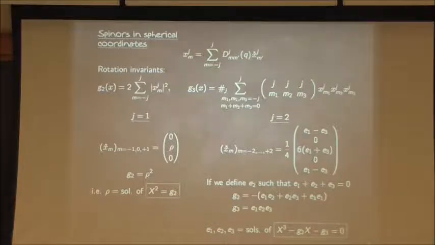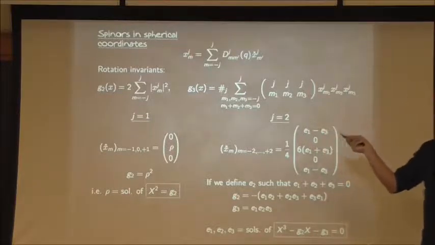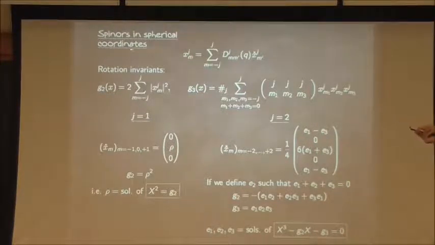That's why I call them G2 and G3, to connect with the Weierstrass equation. So all of a sudden, when I'm parametrizing spinors in spherical coordinates, I end up with the Weierstrass cubic equation in a natural way.